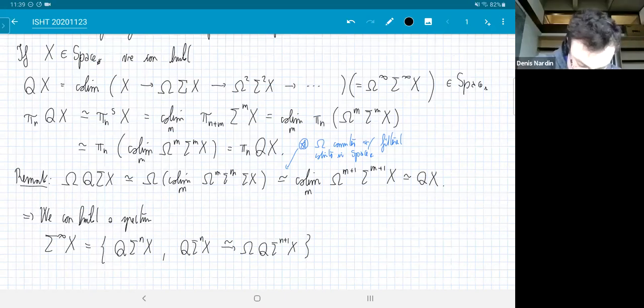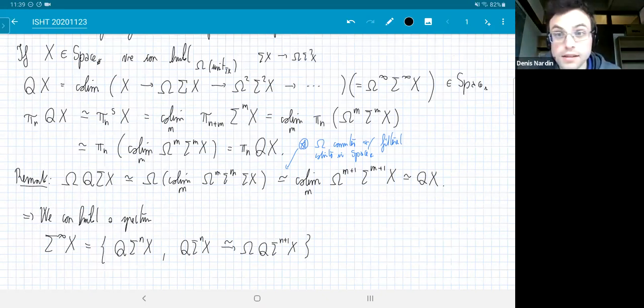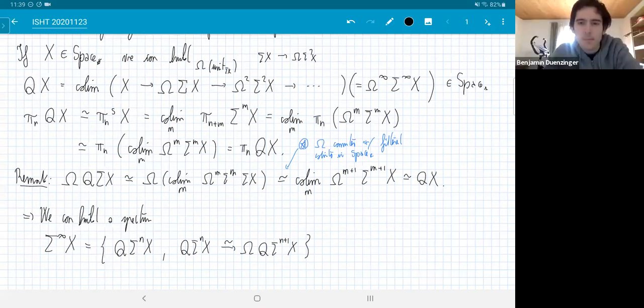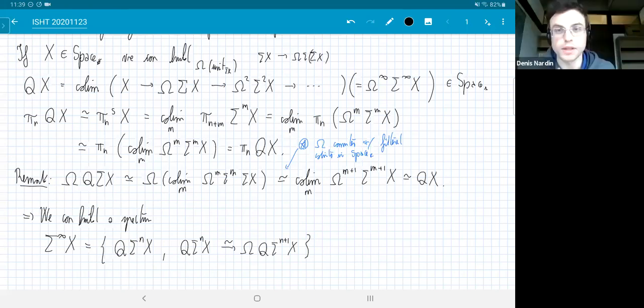No, it's omega of the unit for sigma X. The unit for sigma X gives a map from sigma X to omega sigma squared X, and then you can apply omega.